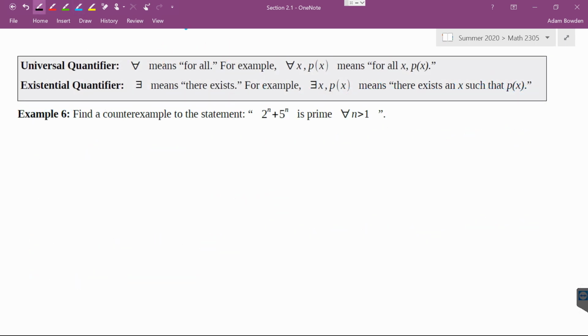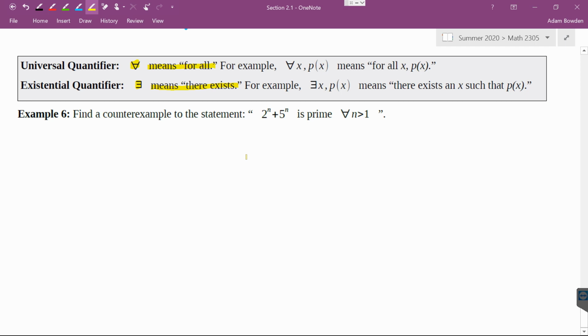Okay, now to round us off here, we want to talk about two last symbols. One that means for all, and one that means there exists. This thing that looks like an upside down A, that stands for all. And this thing that's a backwards E means there exists.